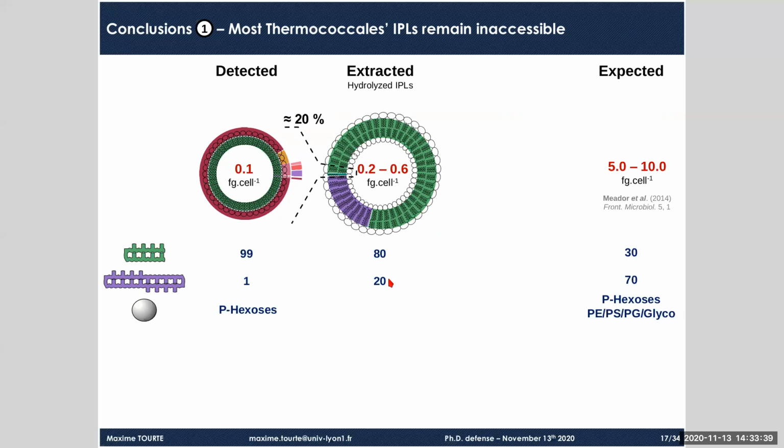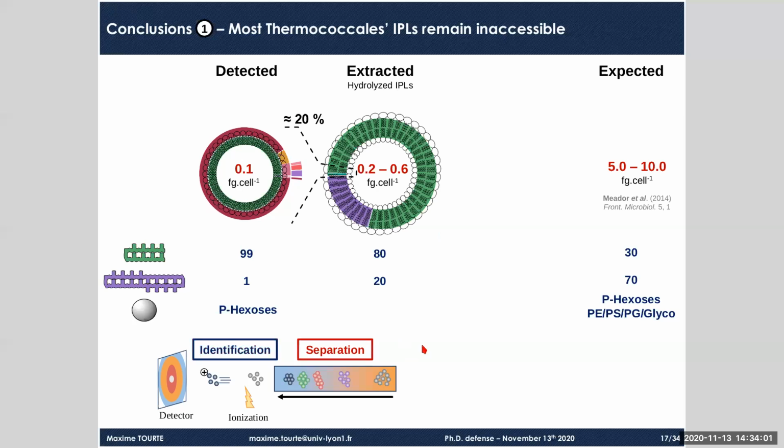So this suggests, from the difference between the detected and extracted lipids, that we have some limitation to identify and detect these lipids. For instance, some of them could be quite reluctant to the ionization method that we use, and thus stay invisible to our mass spectrometer, or could just stay stuck on the column that we used and never reach the mass spectrometer.